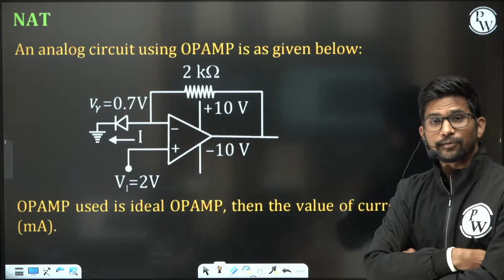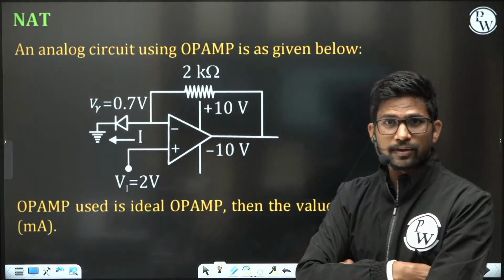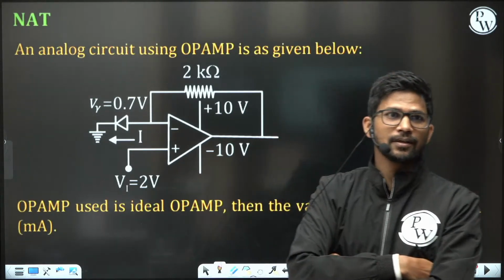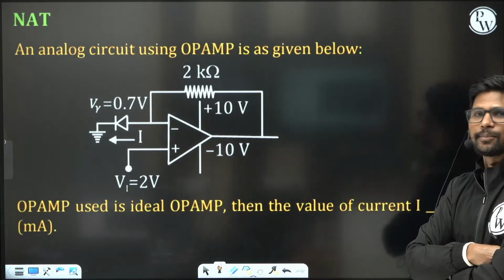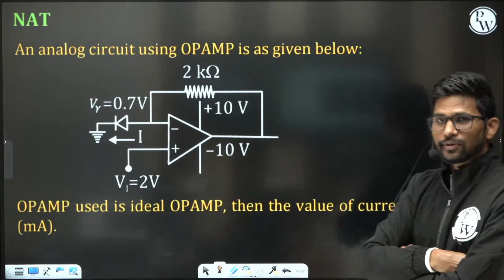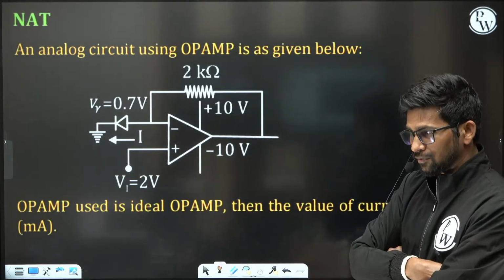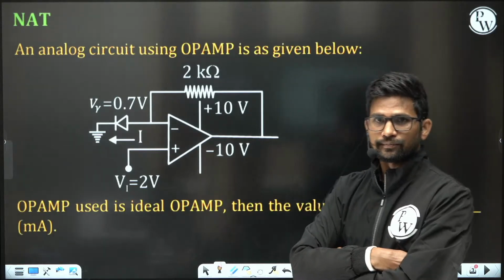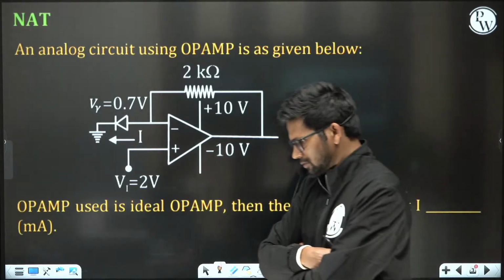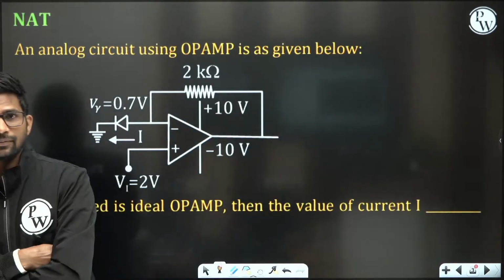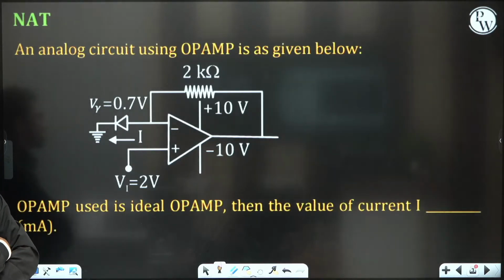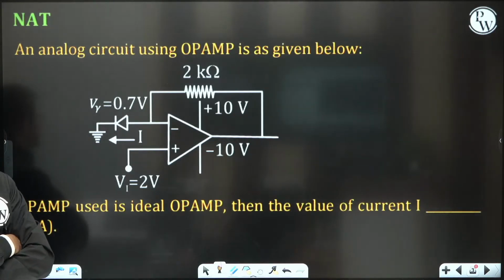There are questions of op-amp, diode, and BJT, and all these questions are very important from your exam point of view and for GATE point of view. So anybody got the answer? Otherwise, I will solve the question and make you understand some beautiful concepts.